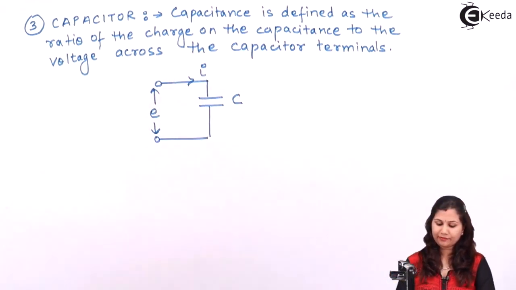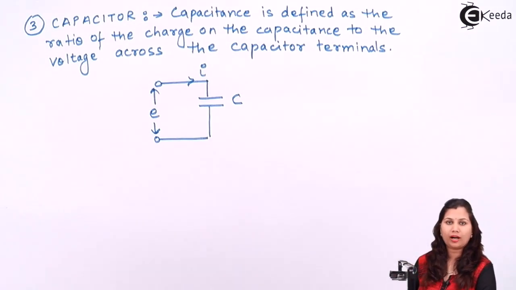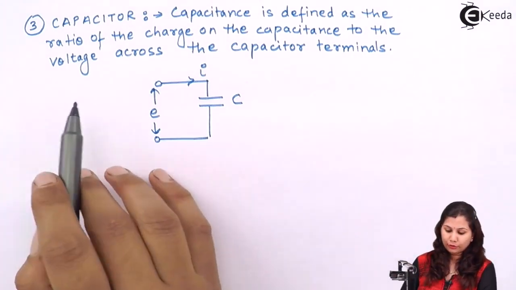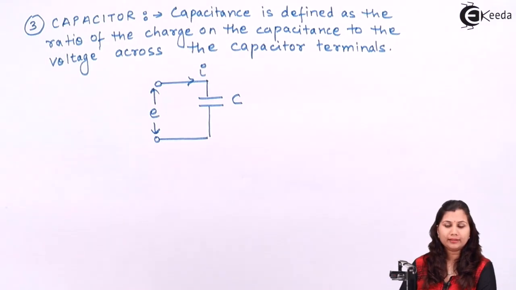Capacitance is defined as the ratio of the charge on the capacitor to the voltage across the capacitor terminals.